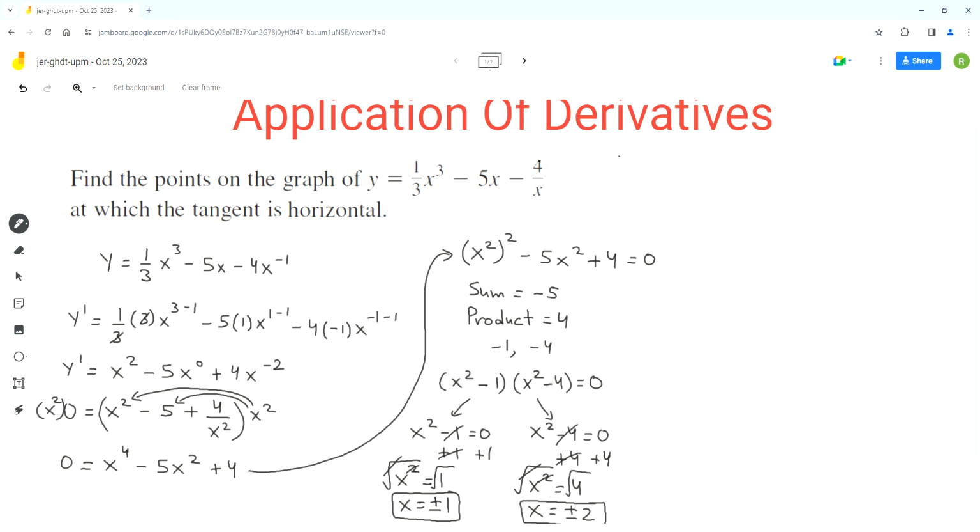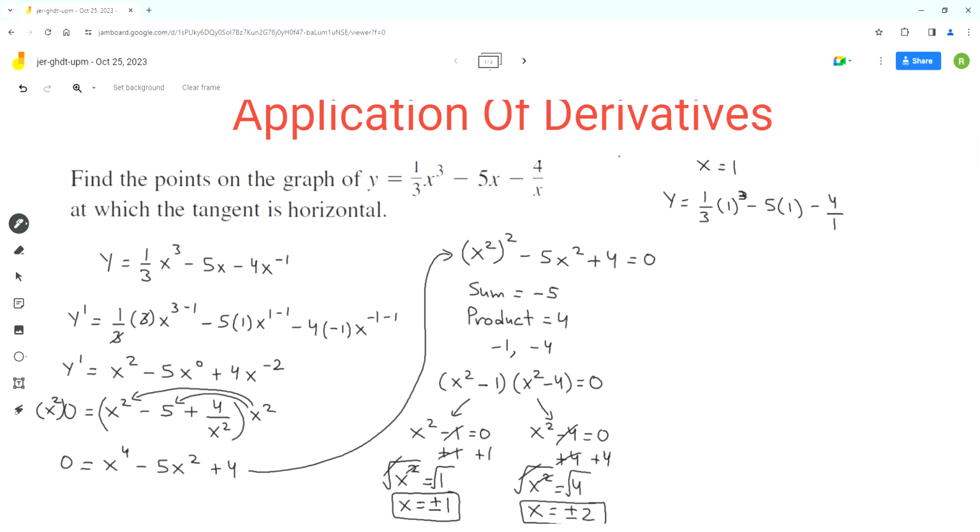Now since we have to find the points, we'll have to sub in these x values one by one in this given equation to find the y value. So let's start with x equals plus 1. So we sub in x as 1 in the given equation. So we get y equals 1 over 3 times 1 cube minus 5 times 1 minus 4 over 1.